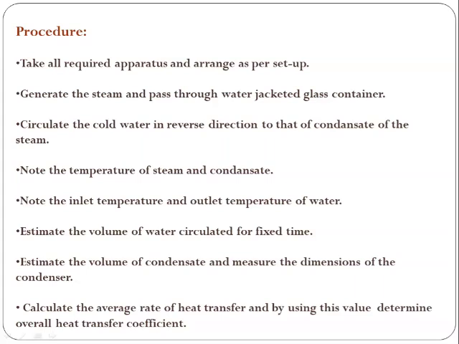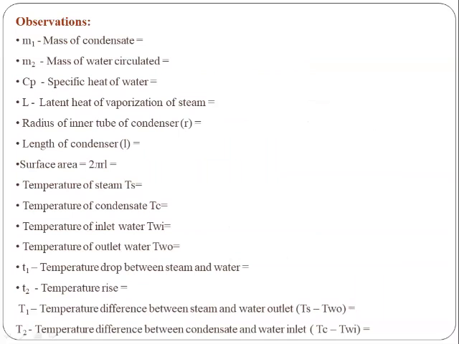Note the inlet temperature and outlet temperature of water. Estimate the volume of water circulated for a fixed time. Estimate the volume of condensate and measure the dimension of the condenser. Calculate the average rate of heat transfer and by using this value determine the overall heat transfer coefficient.